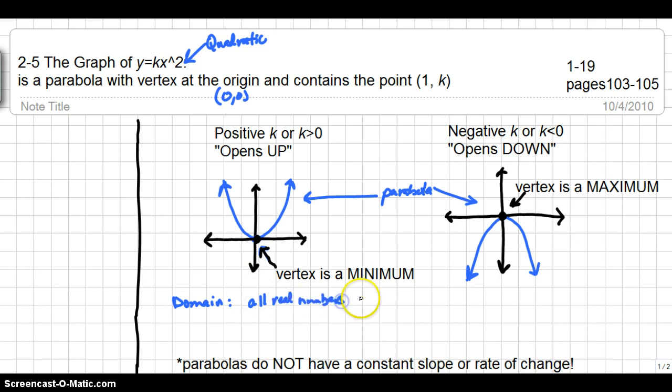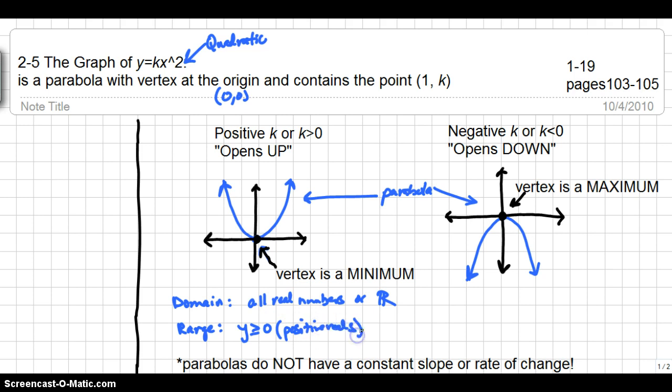And remember that you could also list that as capital R with a double bar. That's another way of saying all reals. For the range, you want to pay attention to what your k value is. If the k is positive, then the lowest that the graph gets is to that vertex point, and then it's everything above that. So the range could be y is greater than or equal to 0, or you could say positive reals.